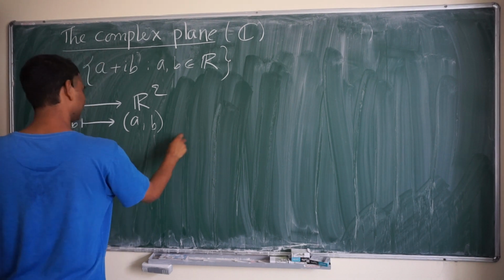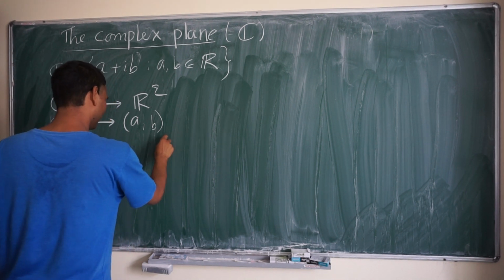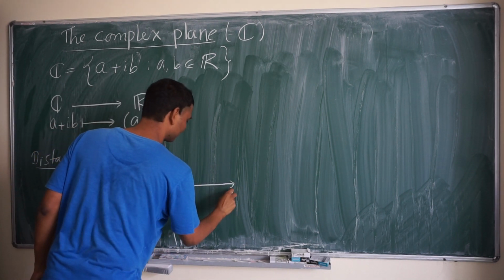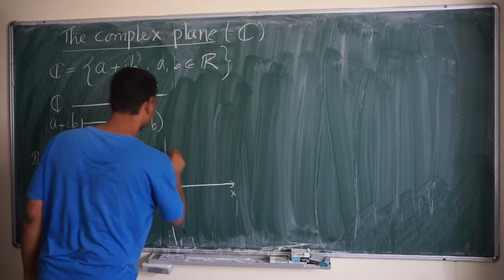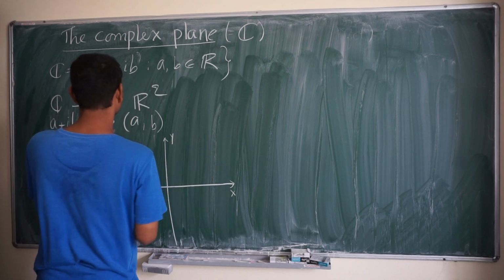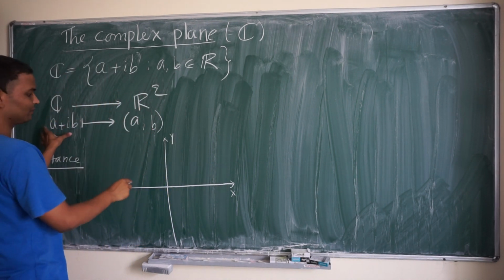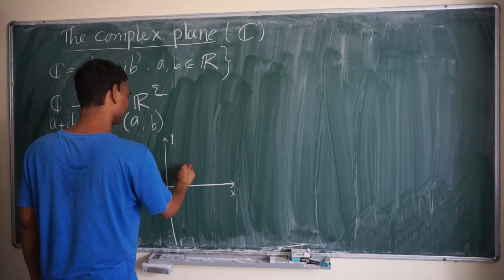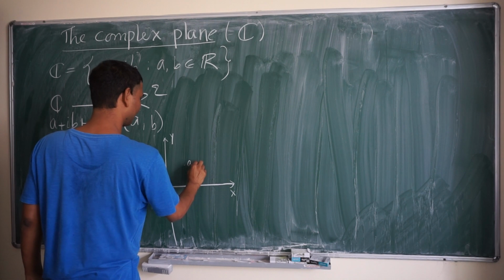That is very important. So this is the x-axis and this is the y-axis, and for A plus IB, A goes in this direction and B goes in this direction. So this is A plus IB.